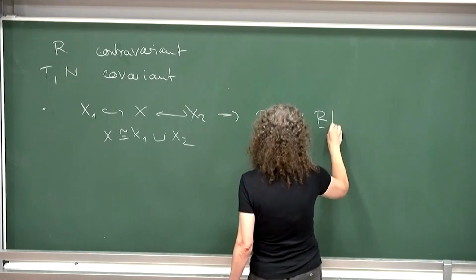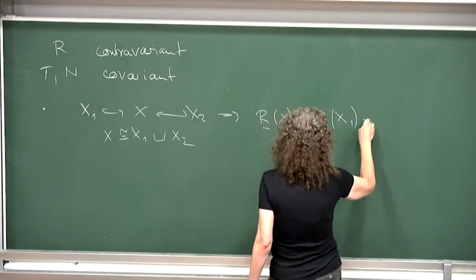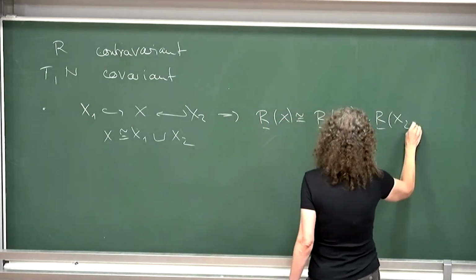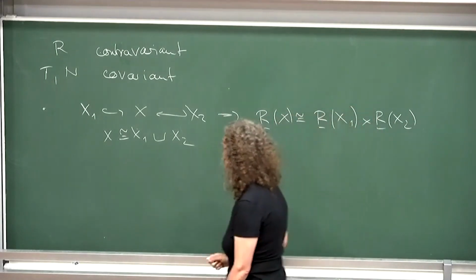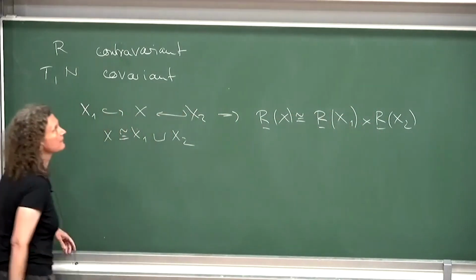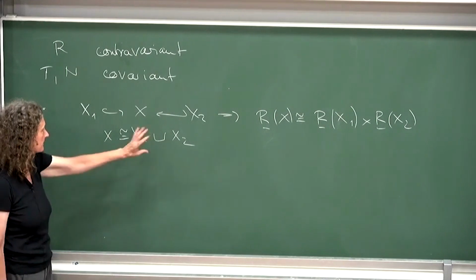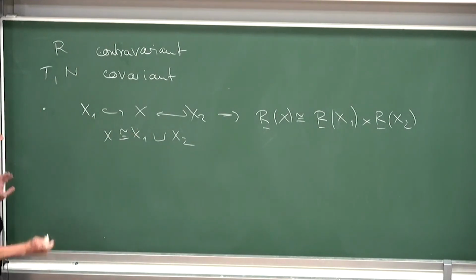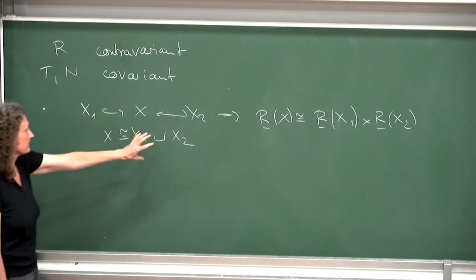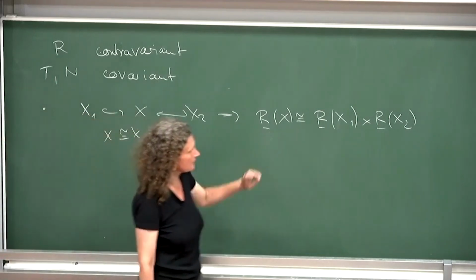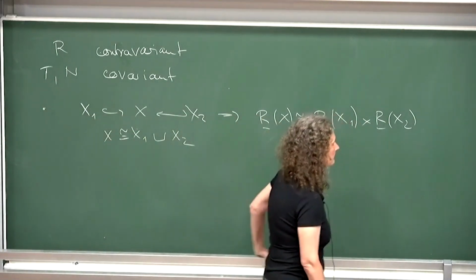You can split R of X into the product of R of X1 and R of X2. And this is important because you can decompose every finite G set into orbits, and then this just means it's determined on orbits. This is actually a product in the suitable category, so it sends disjoint union of G sets to products.